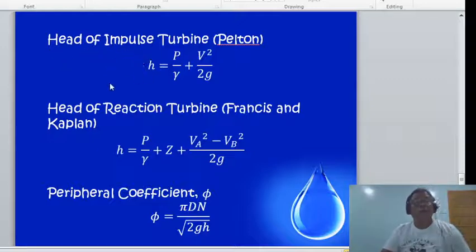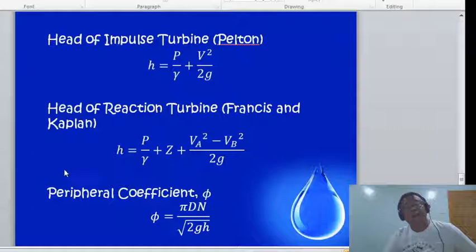The head of reaction turbines, the Francis or the Kaplan type, is the pressure head plus the elevation head plus the velocity head. Another is the peripheral coefficient, the velocity of the runner divided by the velocity of the jet, that is, pi D N divided by the square root of 2gh.